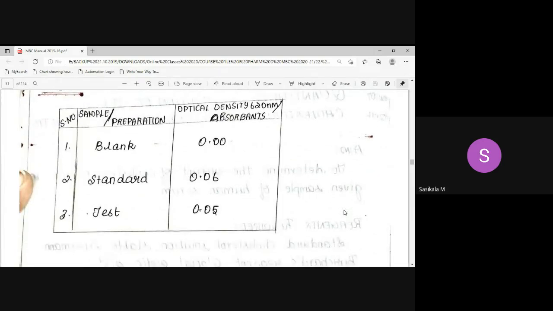They performed it and got this reading: the standard reading as 0.06 and the test reading as 0.05. Note down this reading in your tabular column.